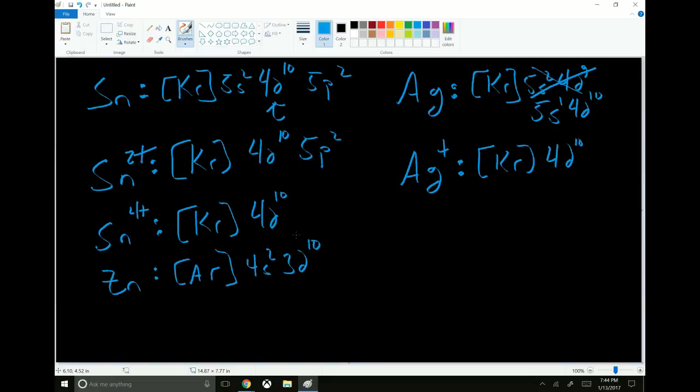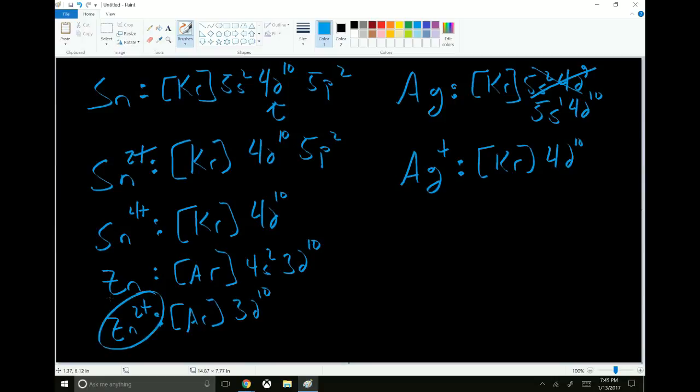Now think about what kind of ion it wants to form. First, it's going to lose its s electrons, so one ion it can form is 2+. So it's argon, 3d10. And then it doesn't have any p electrons to lose, and it does have a full d subshell. So zinc only forms the 2+ ion.